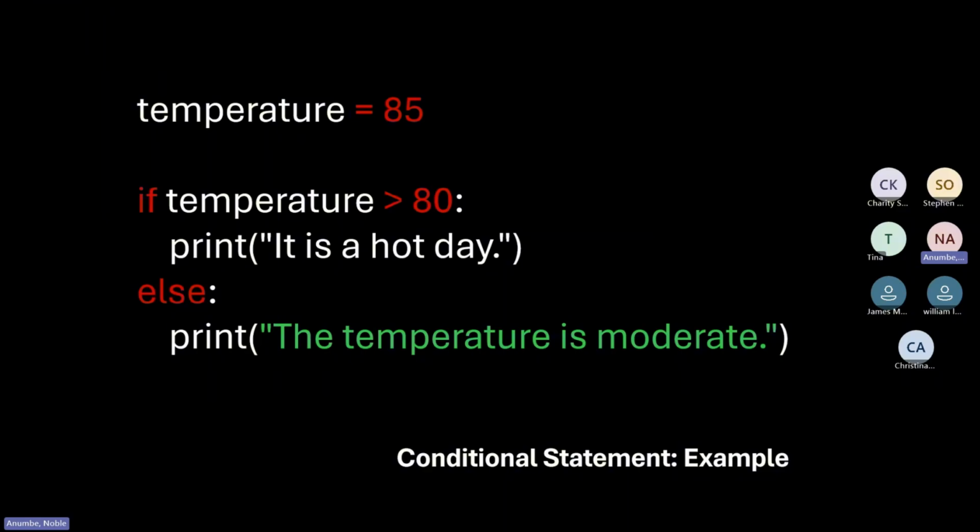In a situation like this, we already know the temperature is 85, so we run a check. If the temperature is greater than 80, in this case it's true, so it prints "it is a hot day," and it doesn't execute the else line.